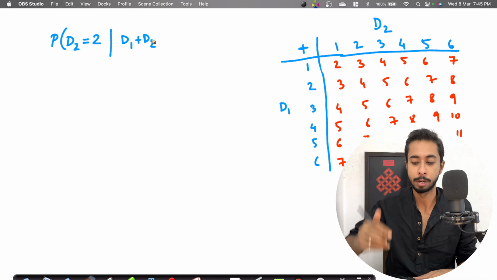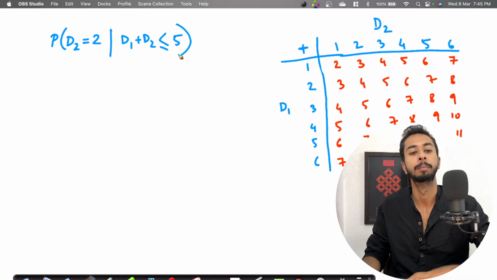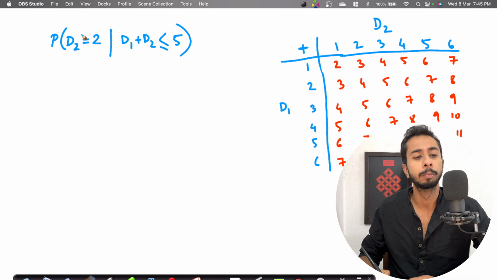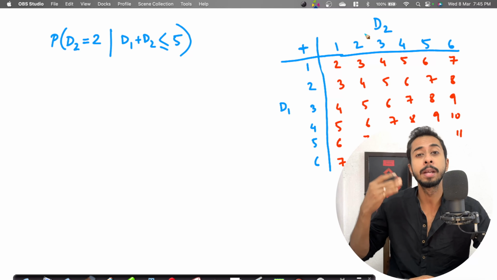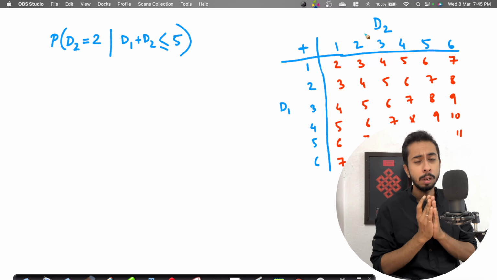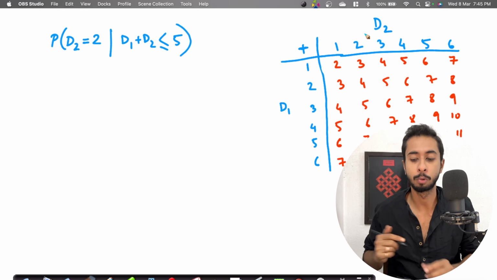Whatever the values are, I add them up, and that should be less than or equal to 5. You will find this example on Wikipedia, I guess. So the probability of D2 equals 2, that is, on dice 2 I'm getting 2, given that D1 plus D2 is less than or equal to 5.